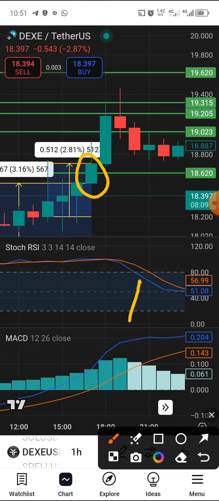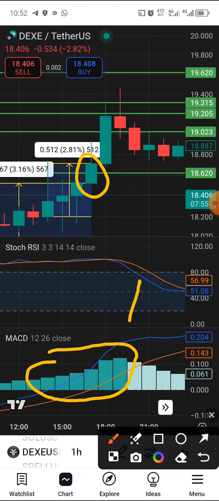And with this breakout candle, when you look here on our MACD, you see how the color is increasing. Remember when we are talking about the color changes on the MACD indicator. You see how the color is increasing? It is still showing you that the market is still going up.